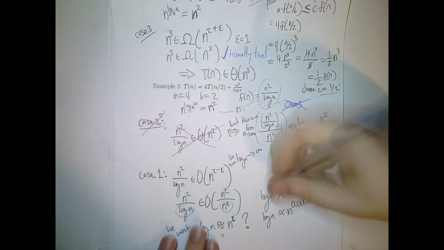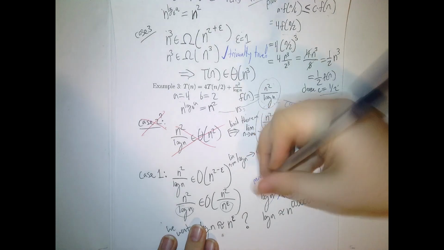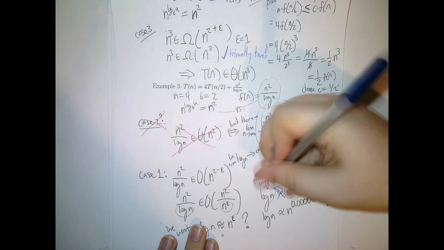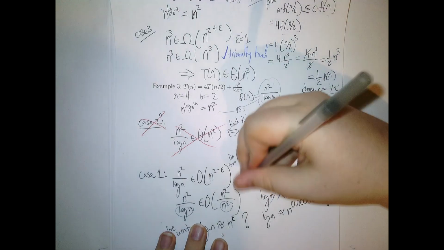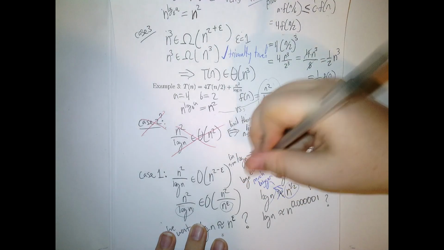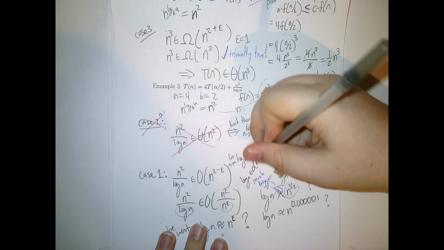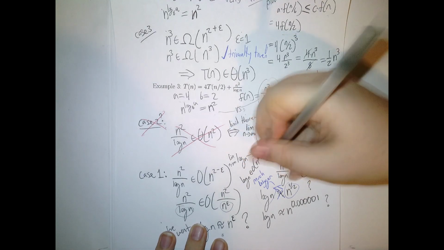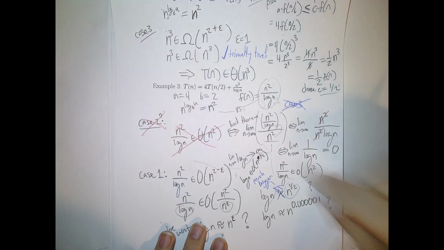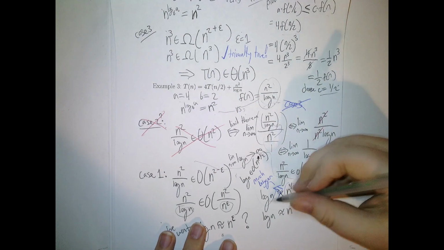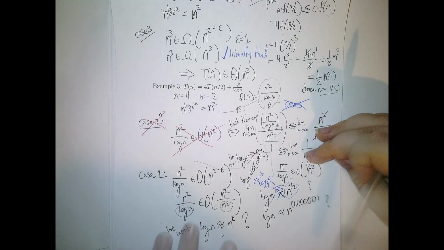If you haven't seen this before, this is a nice way to write much bigger. A more mathematical way would be to prove log n is in little o of n to the 1/2. But I'm going to skip that. I'll trust that you believe me, and if you don't, you can graph it yourself and see.